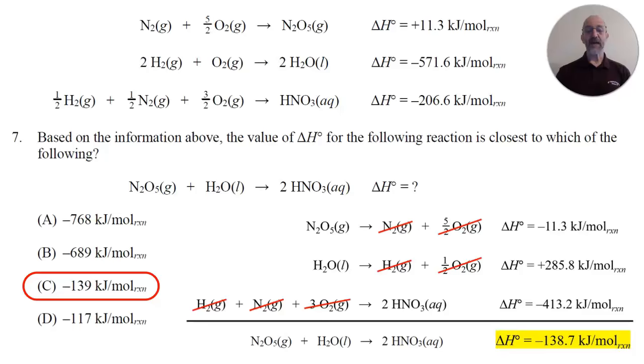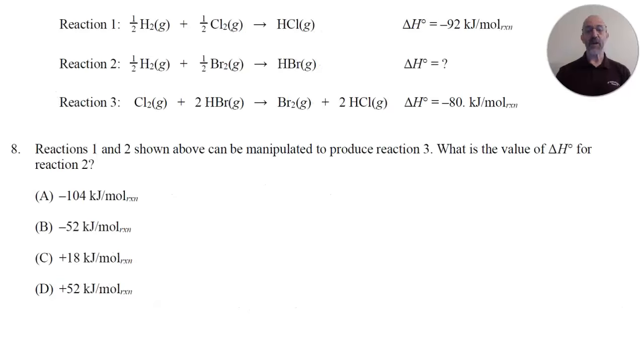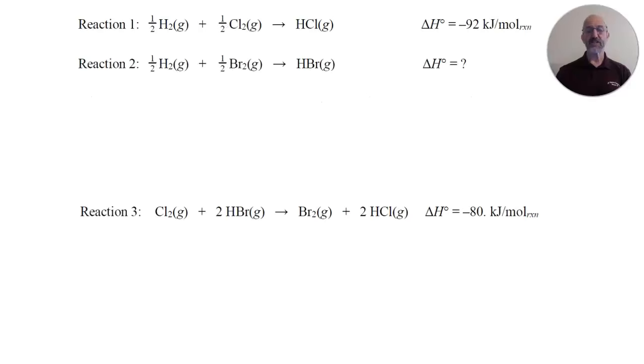Now let's take a look at question 8. This is also a Hess's law problem. And here in question 8, it says that reactions 1 and 2, shown above, can be manipulated to produce reaction 3. But this time, we're actually calculating the delta H for reaction 2.